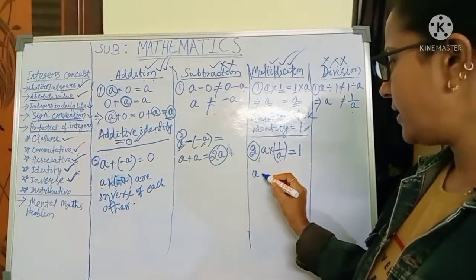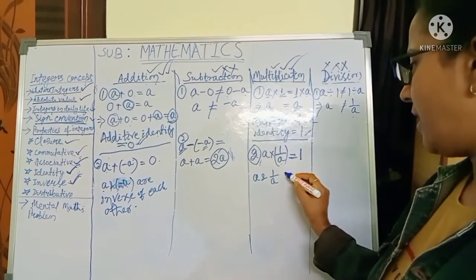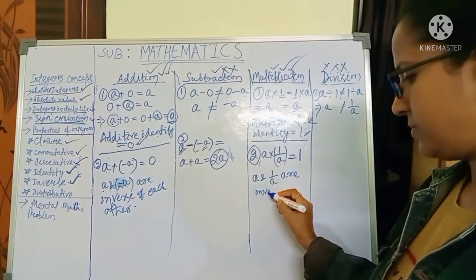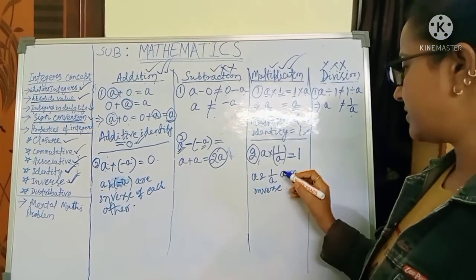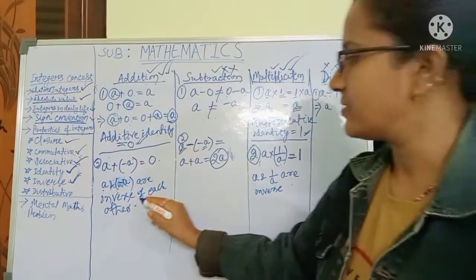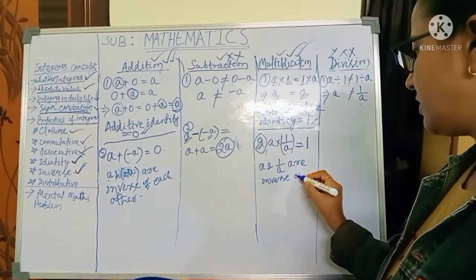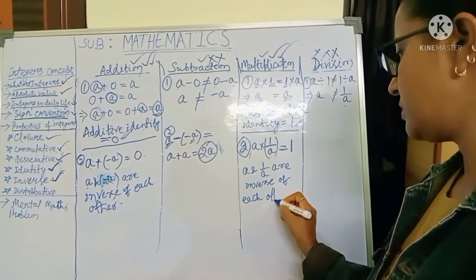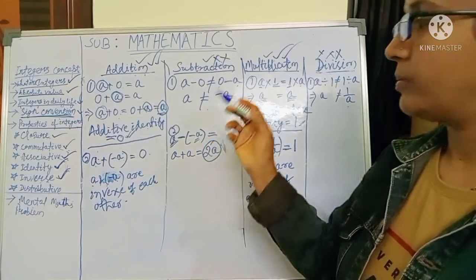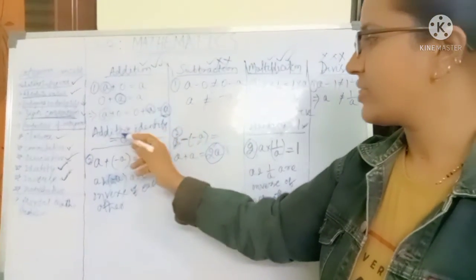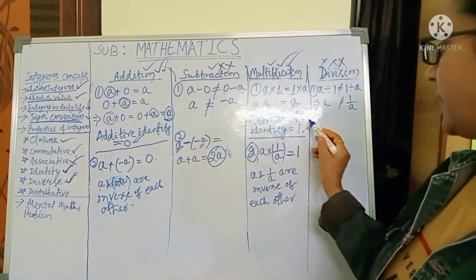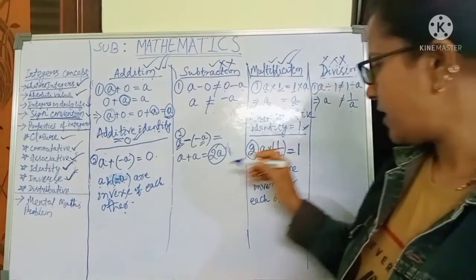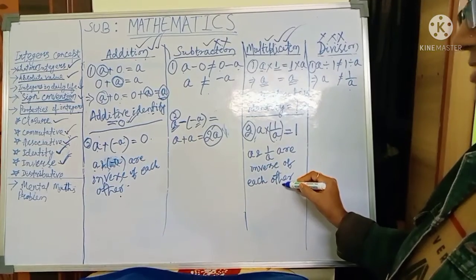So a and 1 by a are inverses of each other. This is the multiplicative inverse and this is the additive inverse. Before, we checked the additive identity and the multiplicative identity. Here we are getting the additive inverse and here the multiplicative inverse.